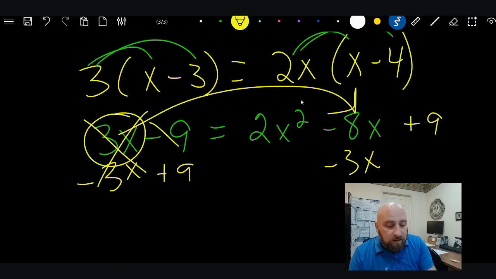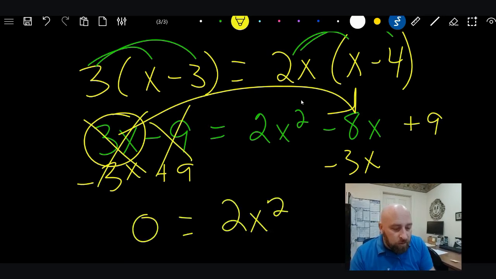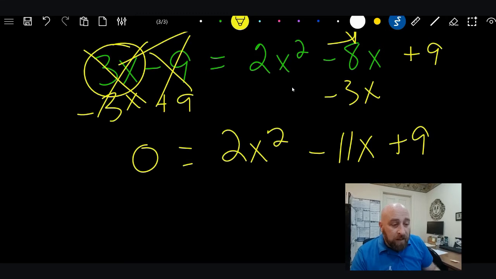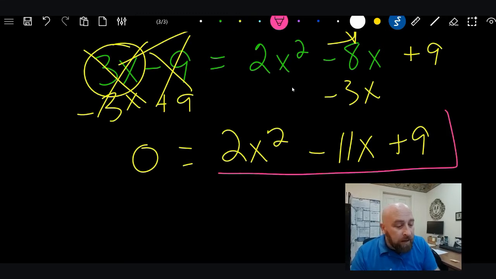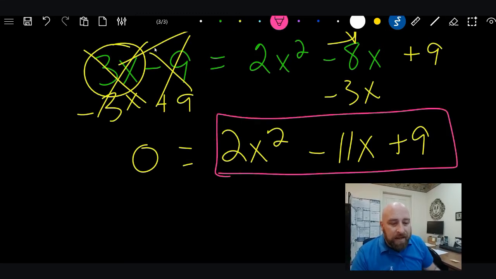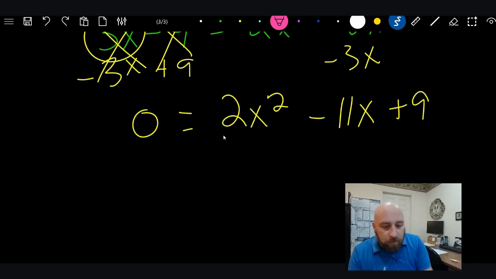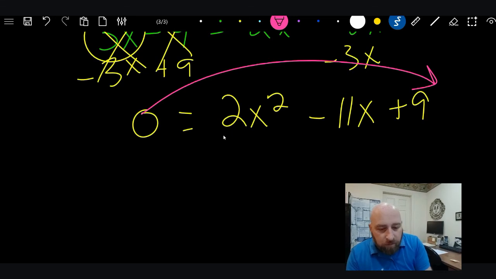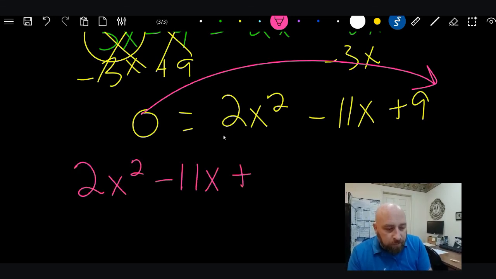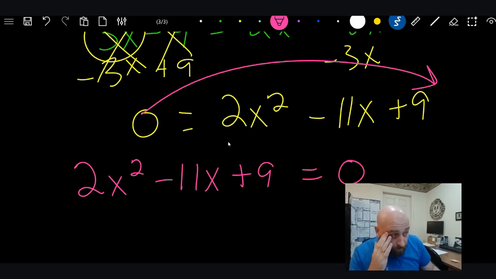And these two things are going to cancel, and you're going to get 0 equals 2x squared minus 11x plus 9. And if you'll look, we now have a quadratic equation in standard form. Now, if this makes you happy, you can change the 0 and put it over there. So you get 2x squared minus 11x plus 9 equals 0. It's fine.